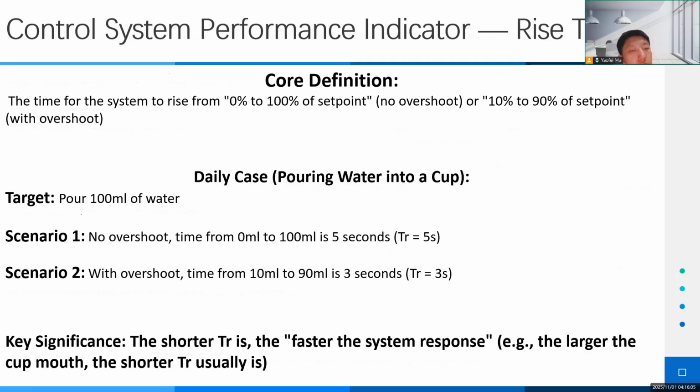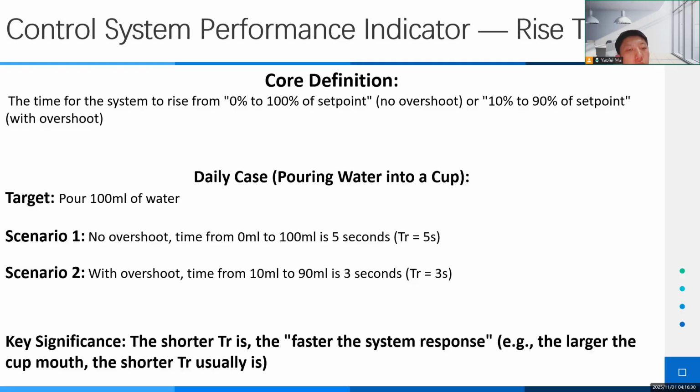If there's no overshoot, TR is the time from 0% to 100% of the set point. If there is overshoot, TR is from 10% to 90% of the set point.